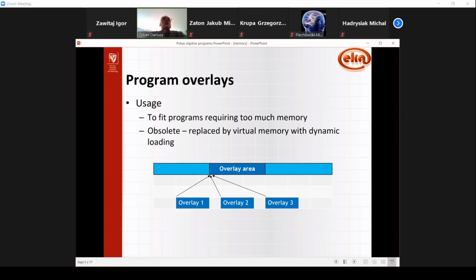Okay, so that's overlays. And the problem with overlays is that it requires the programmer to define them. The programmer must define the overlays, and must compile and link the executable to provide overlays. If you have an executable, you have no choice.